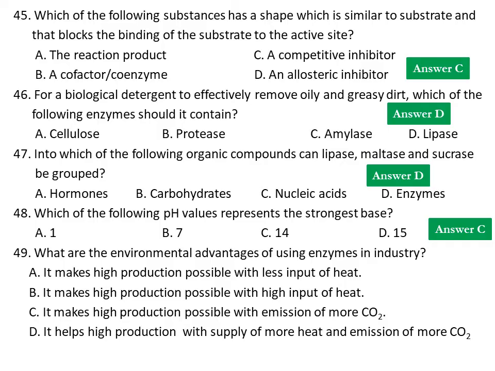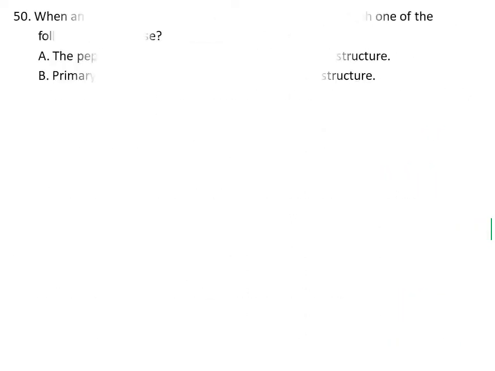D. It helps high production with supply of more heat and emission of more carbon dioxide. So the answer should be A. It makes production possible with less input of heat. Means that with less input of heat, the environmental pollution also decreased. So the answer is A.